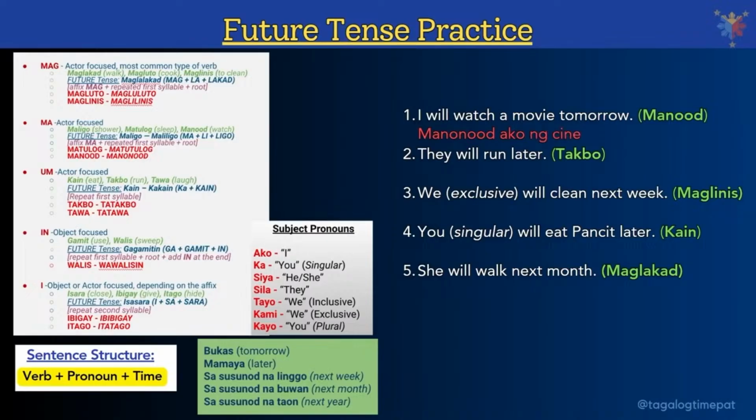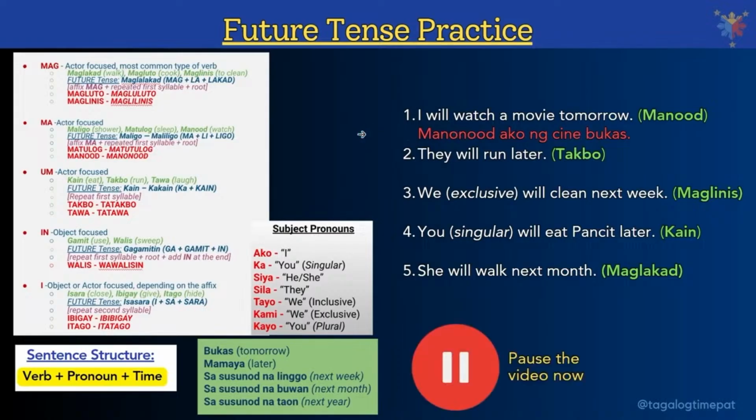Ng sine, a movie. Bukas means tomorrow. Manonood ako ng sine bukas. I will watch a movie tomorrow. Again, if you're going to add an object, it would just go right before time. So you give it a try. You can pause the video now if you need. You do numbers 2 through 5 and we'll go over them in just a bit.